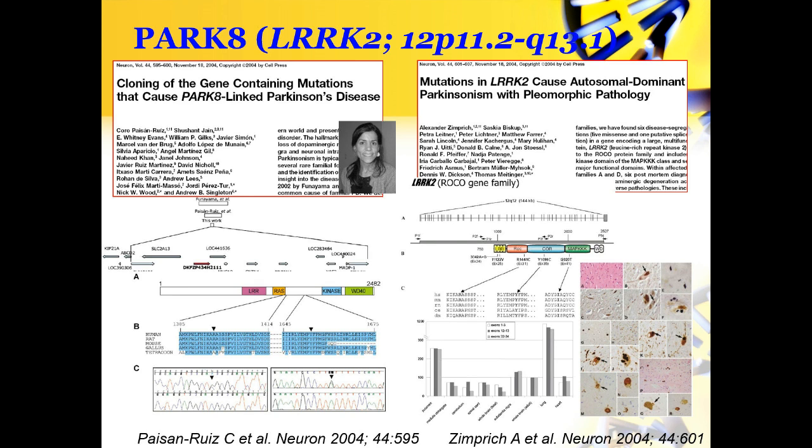Another important gene for autosomal dominant Parkinson's disease is LRRK2, which was identified by 2 groups, Paisán-Ruiz and Zimprich, at the same time in 2004.